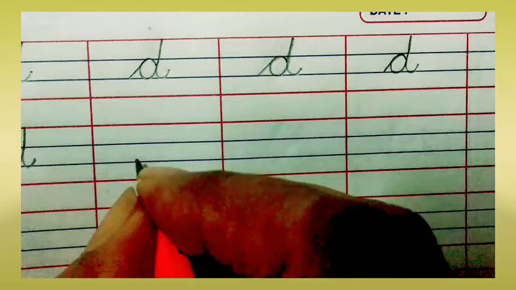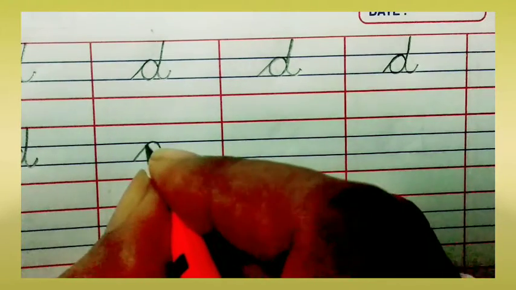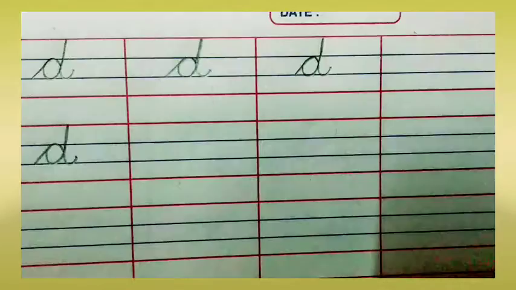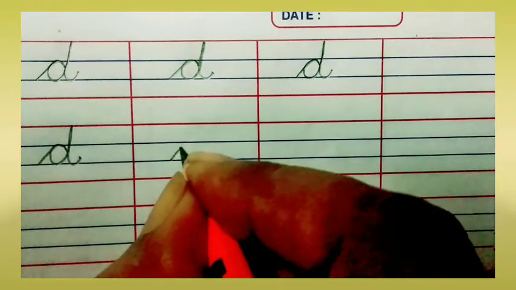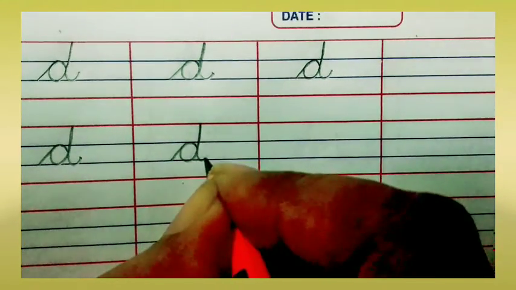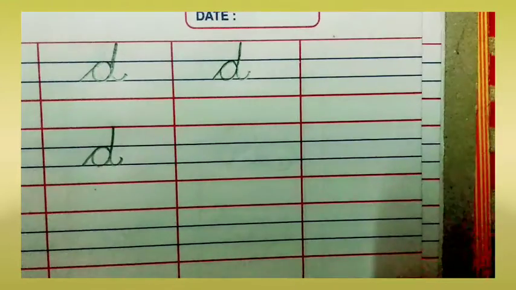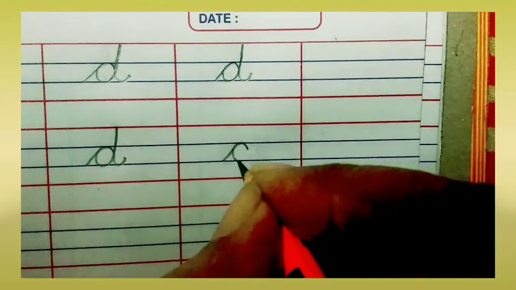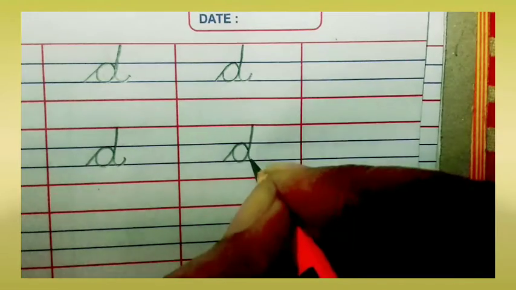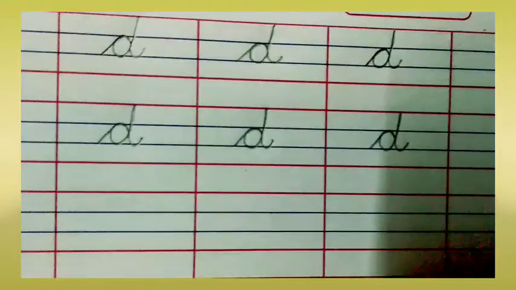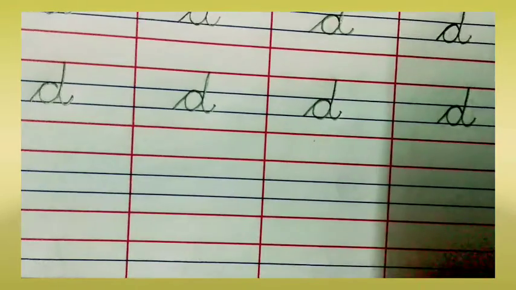Small cursive D. This is a small cursive D, and you also write like this.